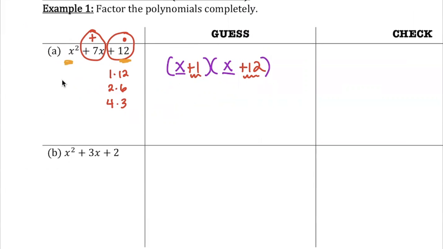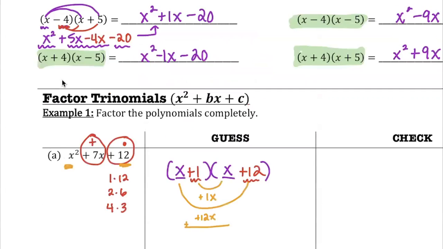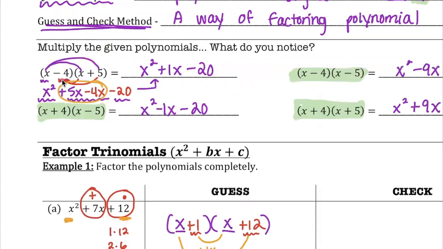The things that I can't see, though, are the middle terms, because the middle terms are what we end up having to combine. So let's see what we get. If I take 1 times x, we're going to get a +1x. If I take x times 12, we're going to get a +12x. But if I add those guys together, just like we did up here, right? We added our middle terms together.